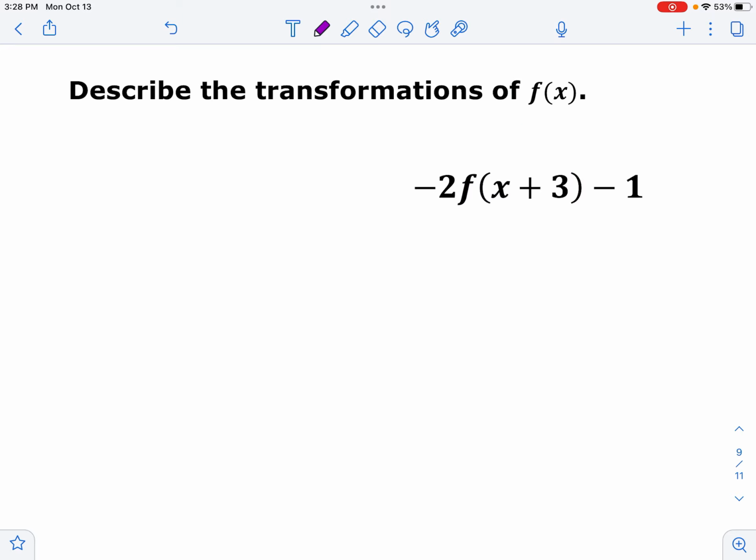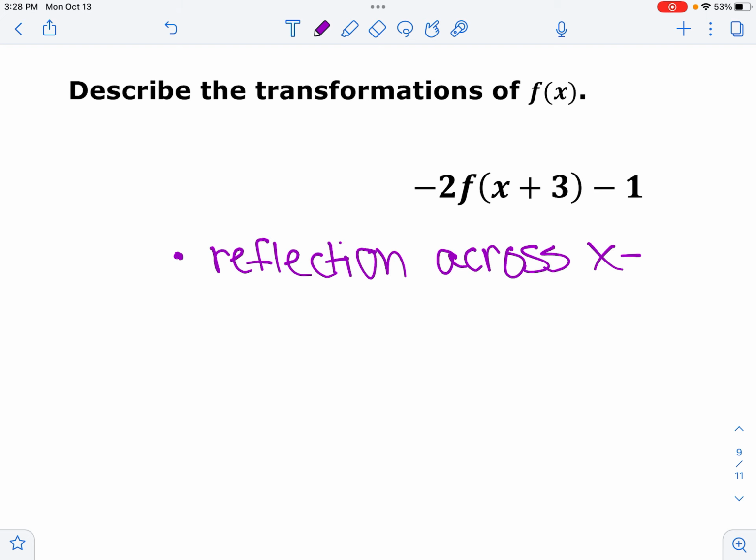I think I'm just going to work kind of left to right. We know the negative is a reflection across the x-axis. The 2 is a vertical stretch.